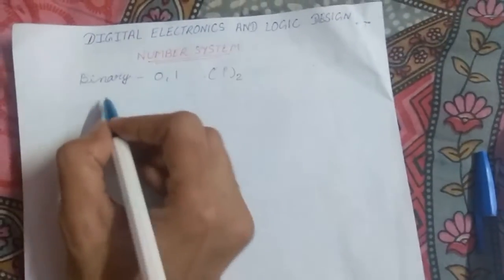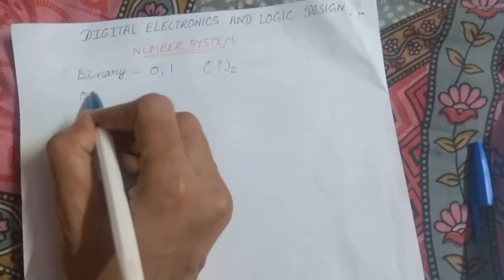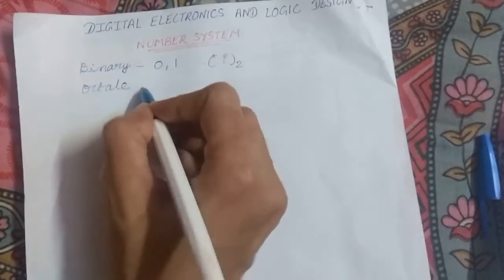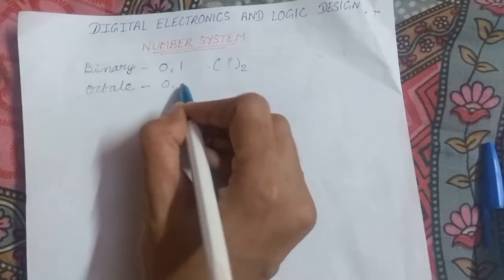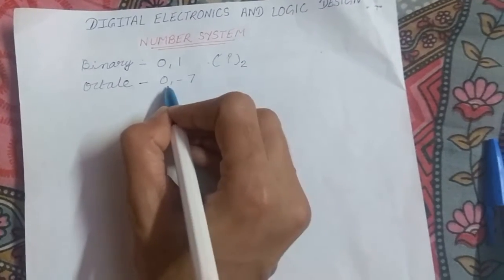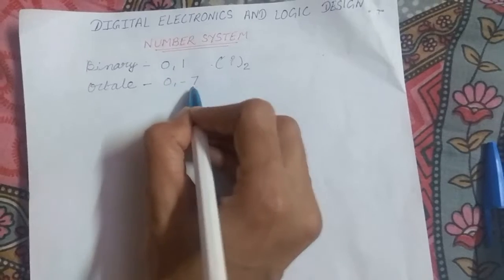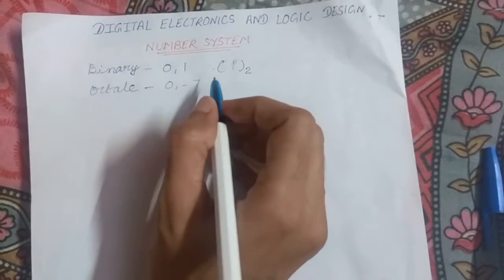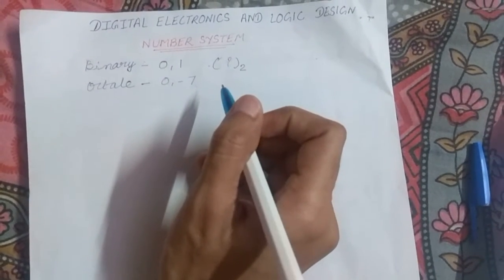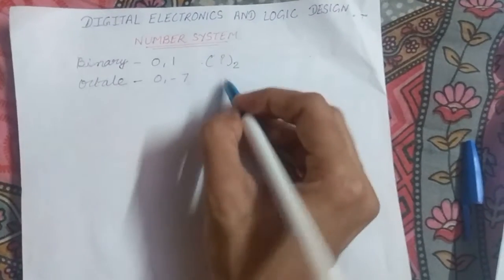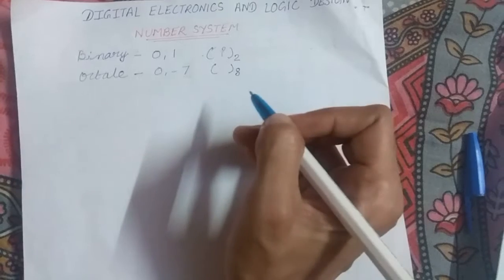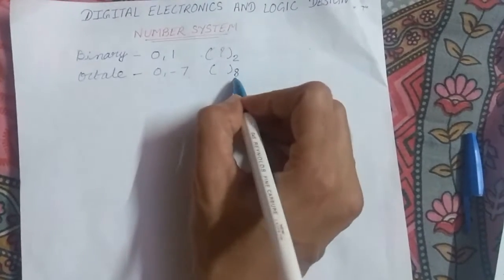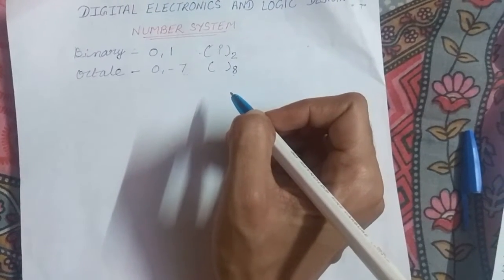For the octal number system, we have numbers from 0 to 7. Including this 7, we have 8 digits: 0, 1, 2, 3, 4, 5, 6, 7. And the base is represented with 8. Octal means 8.